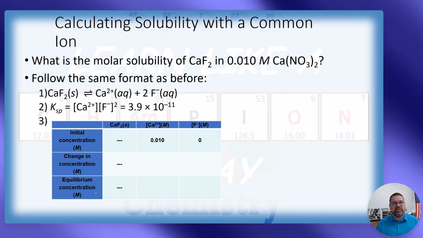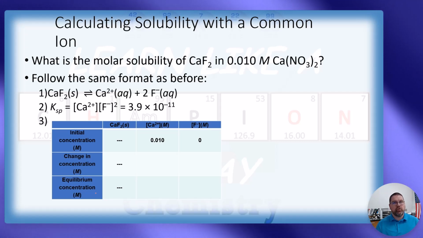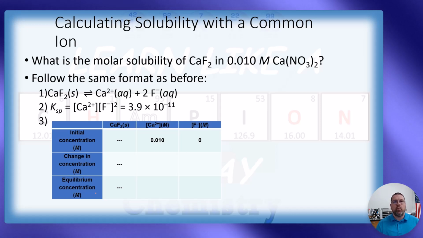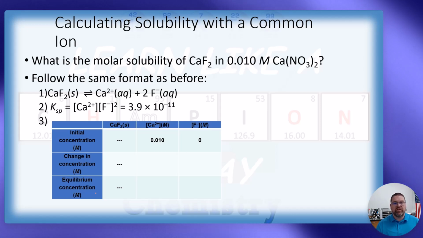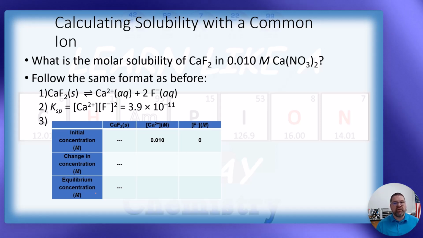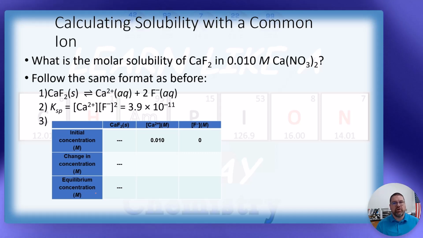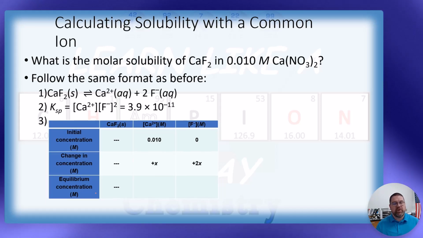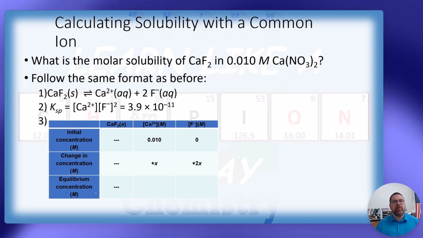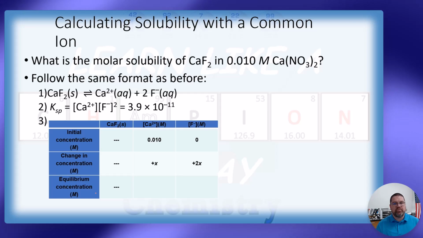As the calcium fluoride is introduced, a certain quantity, X, will be able to dissolve. So the calcium ion concentration would increase by X, and the fluoride concentration would increase by 2X because of the stoichiometric ratio based on the subscripts in the formula for calcium fluoride.